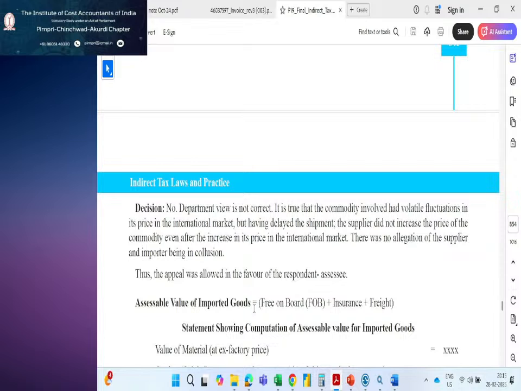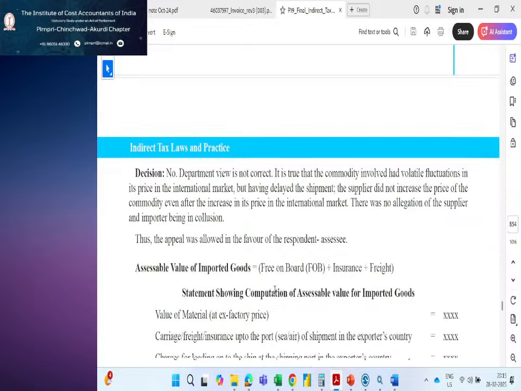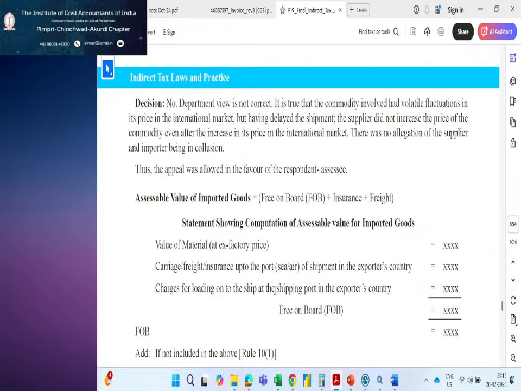So the next one is assessable value of imported goods. So these are the items we need to add and the items we should not consider while calculating the assessable value of imported goods. So what is meant by assessable value of imported goods? It is FOB, insurance, freight.